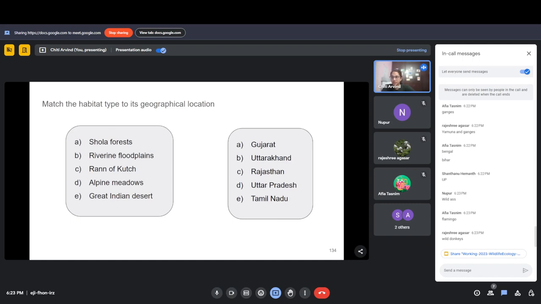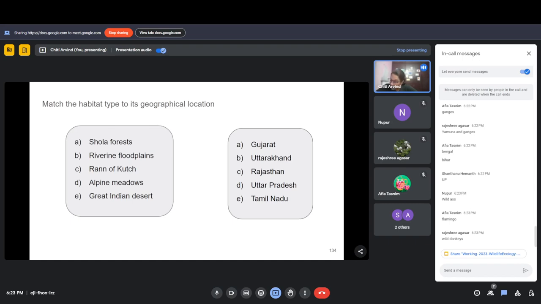Yes, you do find flamingos are there. I'm so happy. All of you have a good idea of the geography of the country as well as the fauna present out there. So yes, you do find your flamingos also there, but these flamingos are also found migrating to other states.